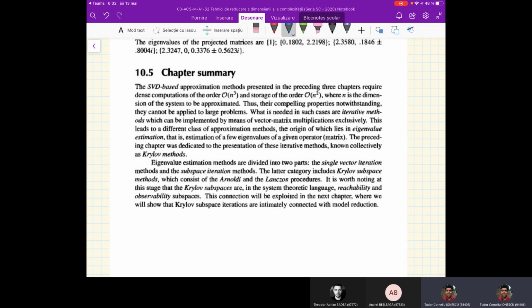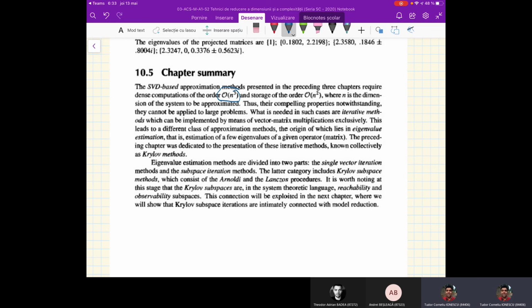You can try yourselves in MATLAB and see it requires a lot of computation. You noticed even for the CD player, MATLAB was unable to compute the exact controllability and observability gramians. It's very difficult because of the O(n^3) complexity.